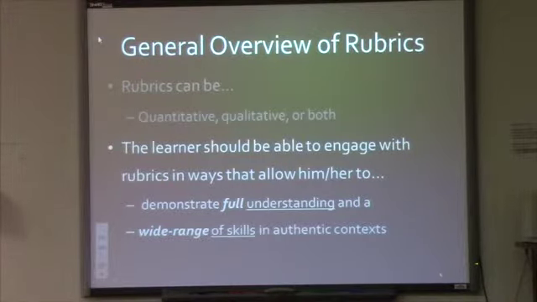So you have a range of learners. So there's variability. So if you have variability within grade levels, you automatically have a wide range of skills. You automatically have differences in terms of understanding.